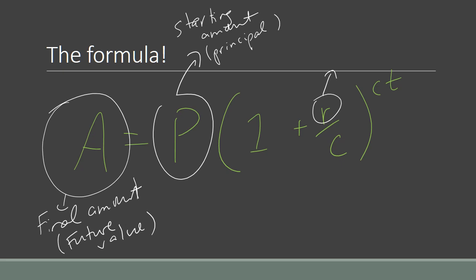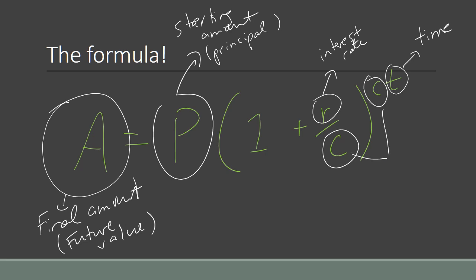R was your growth rate, which for finance is your interest rate. T was time. So the only new letter here is C. And C stands for the compounding period, which are all of those terms that we just looked at. So make sure you have that formula copied down, and we're just going to do a bunch of practice with it for the rest of this lesson.